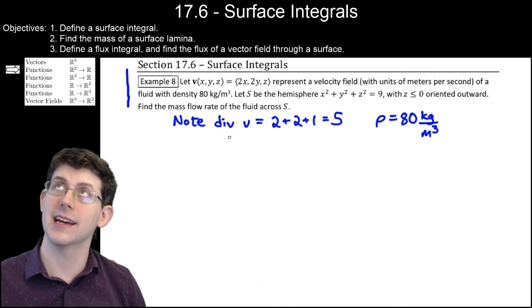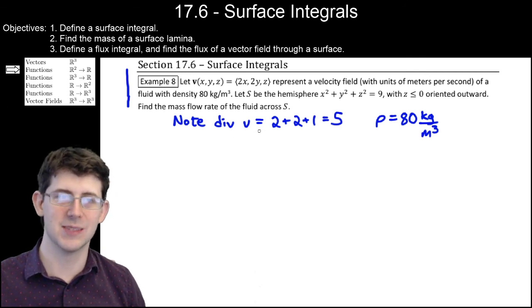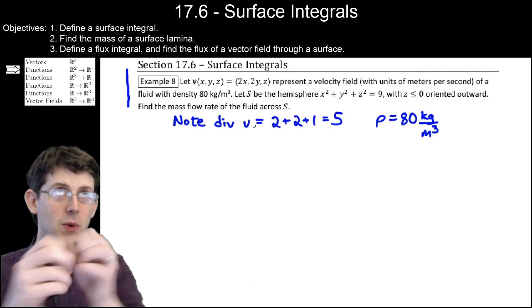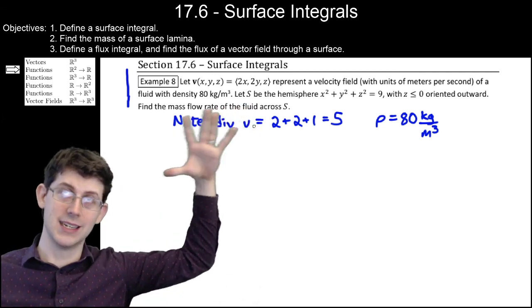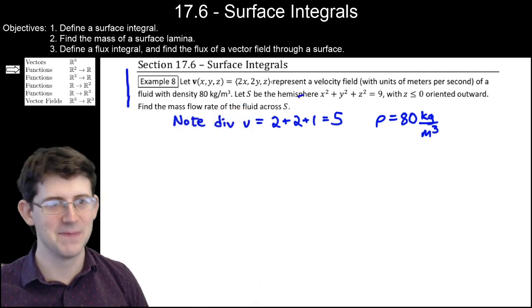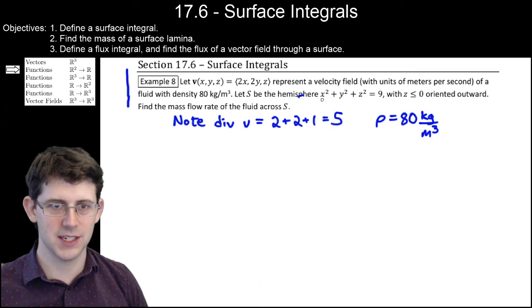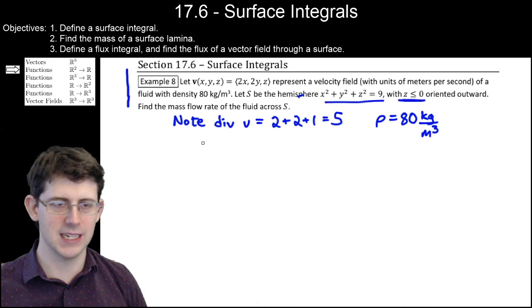I guess you would turn on a hose in space or something to have the water exploding outward from a point. Whatever. S is a hemisphere, so we're just doing the bottom half of the sphere of radius 3.